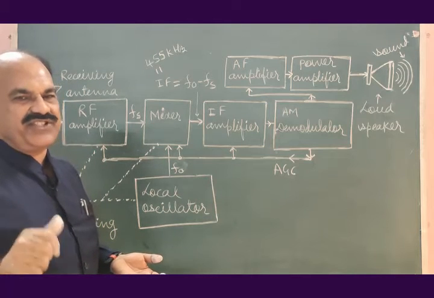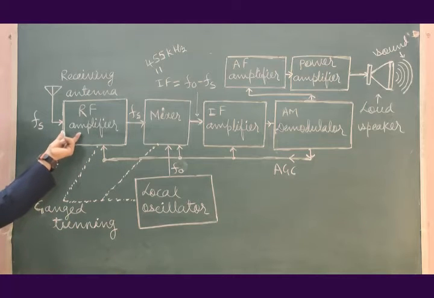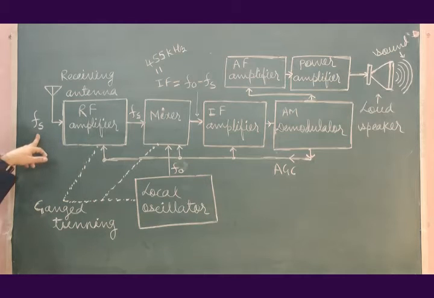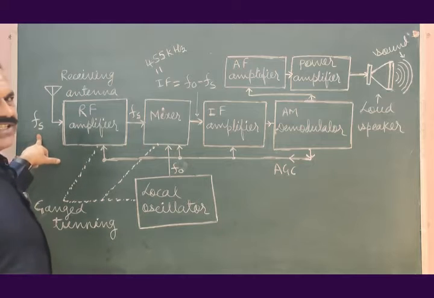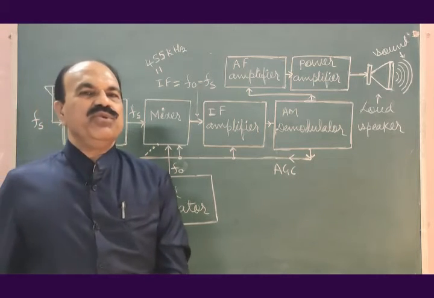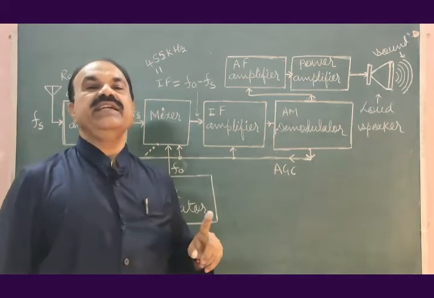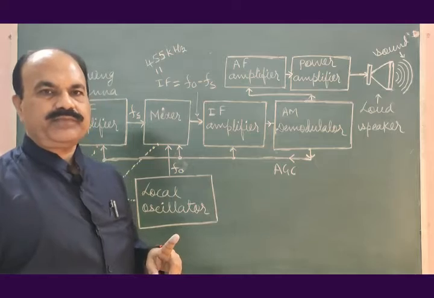It is adjusted such that this amplifier is tuned to Fs, the source frequency, which corresponds to the carrier frequency of one of the 80 radio stations.